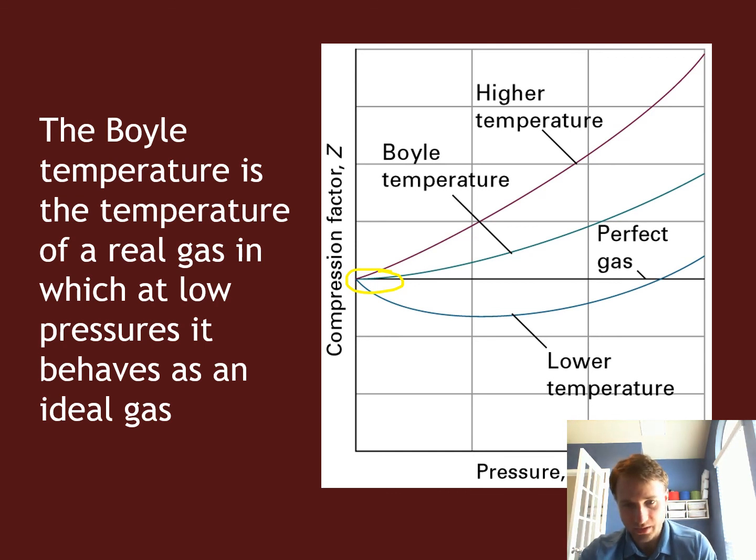So you see here that the middle line is closest to 1 for the longest at these low pressures, while at temperatures below or above this Boyle temperature, the compression factor either quickly drops below 1 or quickly goes above 1. And so the Boyle temperature is a temperature at which the compression factor stays equal to or very close to 1 for the most range of pressures.